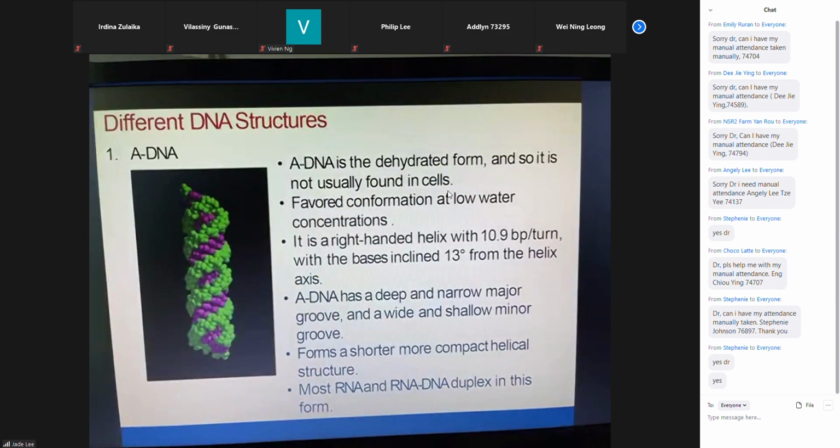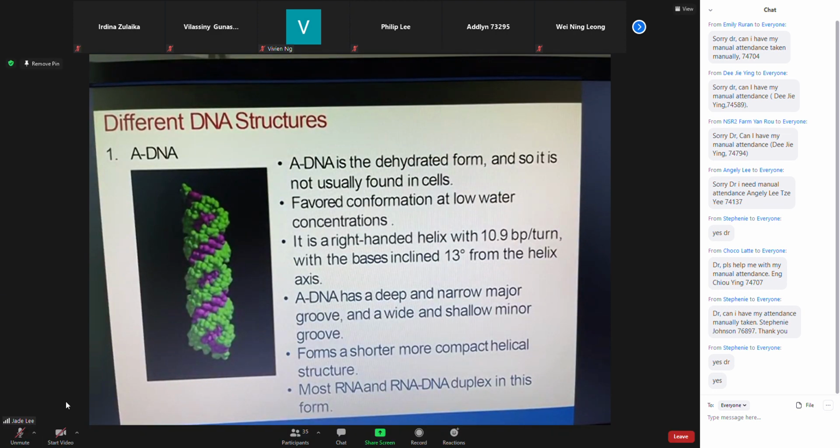It is a right-handed DNA helix with 10.9 bases per turn, where the bases incline 30 degrees from the helix axis. A DNA has a deep and narrow major groove and a wide and shallow minor groove. The form is shorter and more compact, and most RNA and DNA duplexes are in this form. You see, when it is dehydrated, it shrinks.